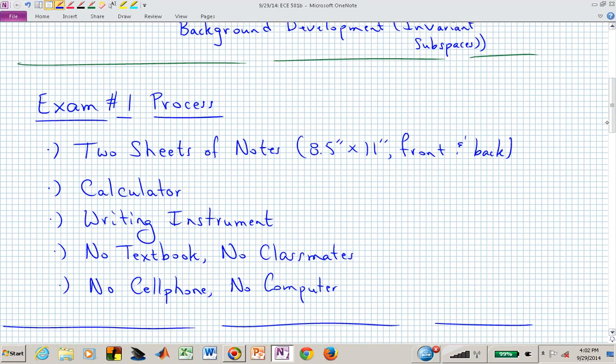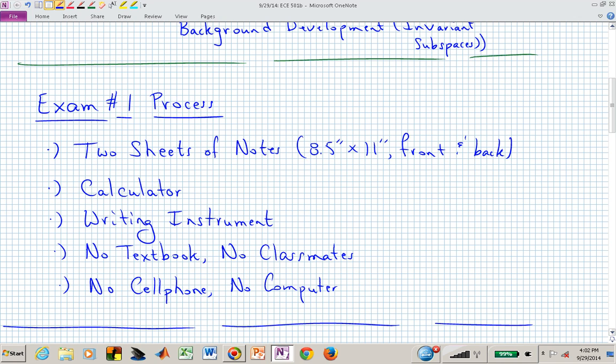The process: 2 sheets of notes, and that's all the written material that you will need to bring into the exam. I will give you the paper to write on. If you need extra paper, please let me know. Something to write with, hopefully. You won't have to bring something sharp; you can write in ink or pencil. And a calculator.